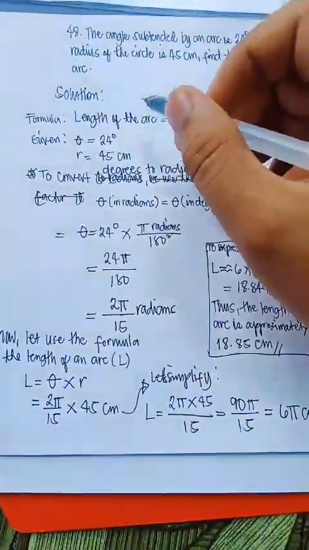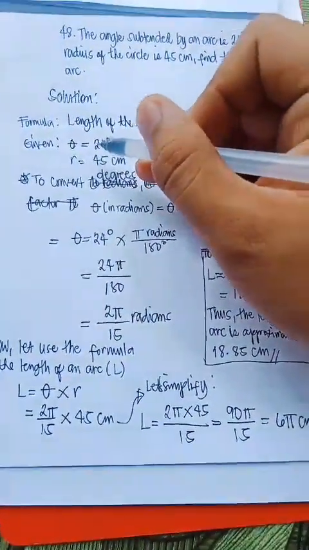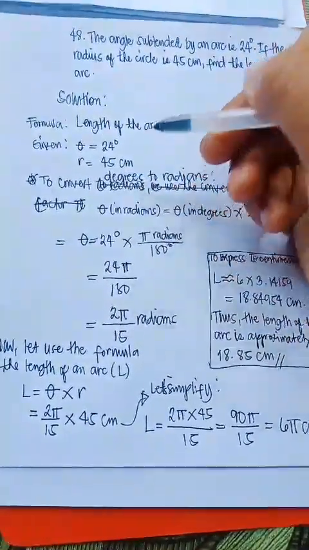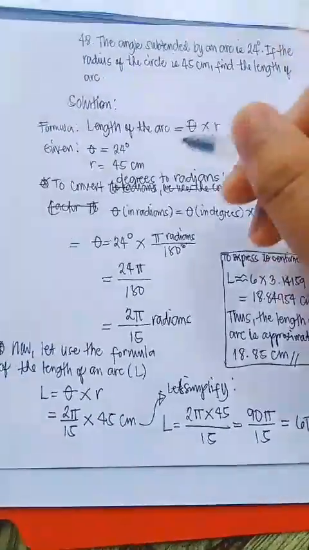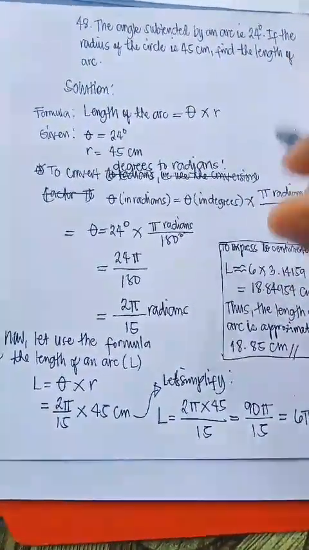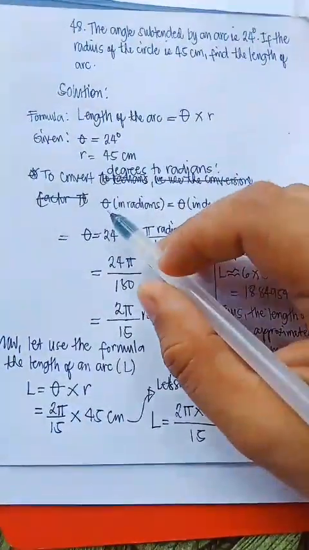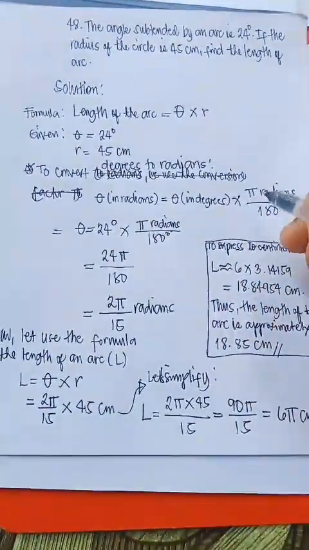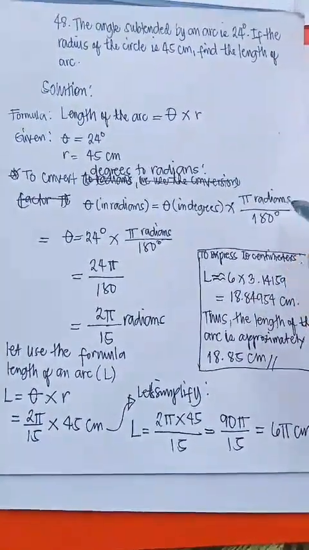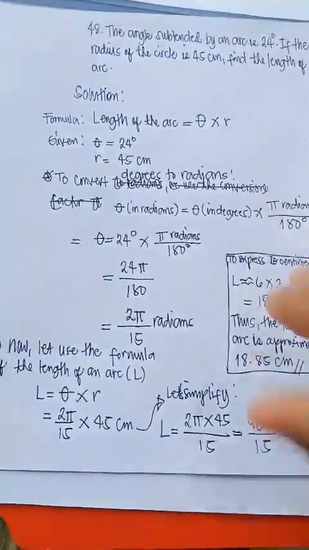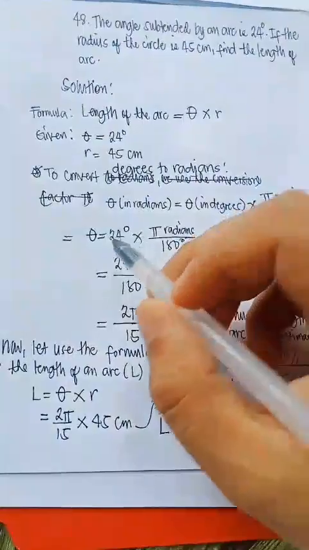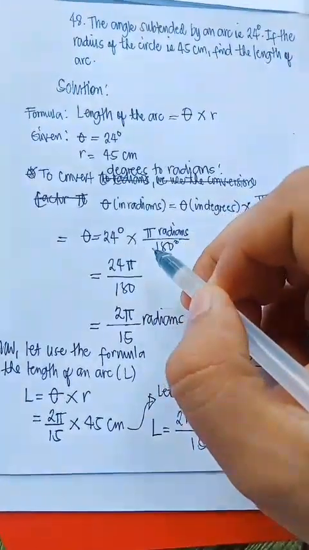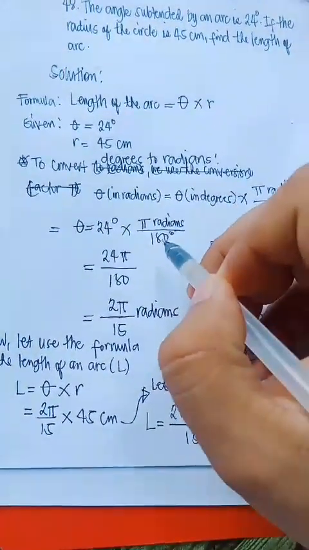Given is theta equals 24 degrees and r, or radius, is equal to 45 centimeters. Now, to convert degrees to radians, we do this. Theta in radians is equal to theta in degrees times pi radians over 180 degrees.